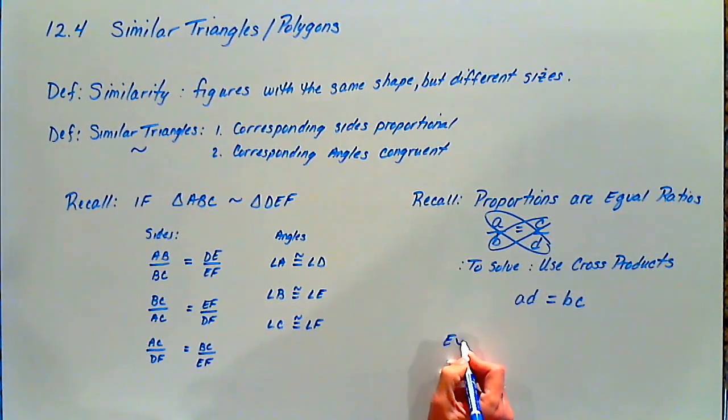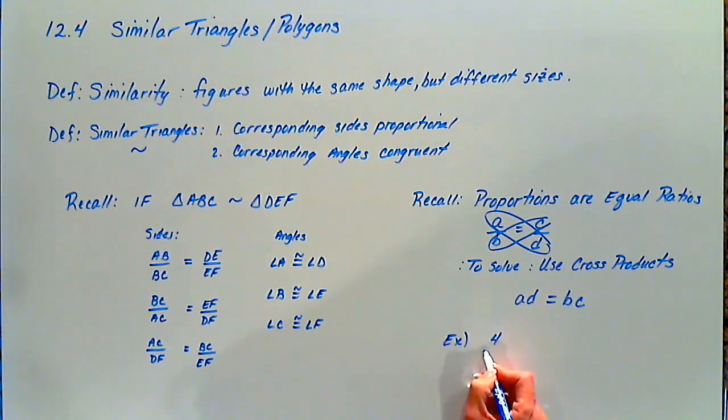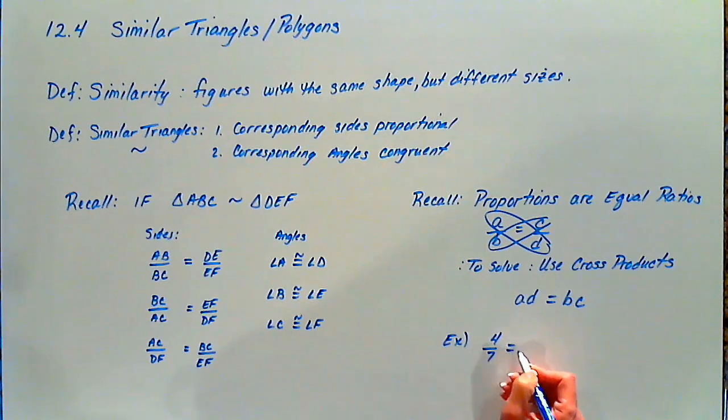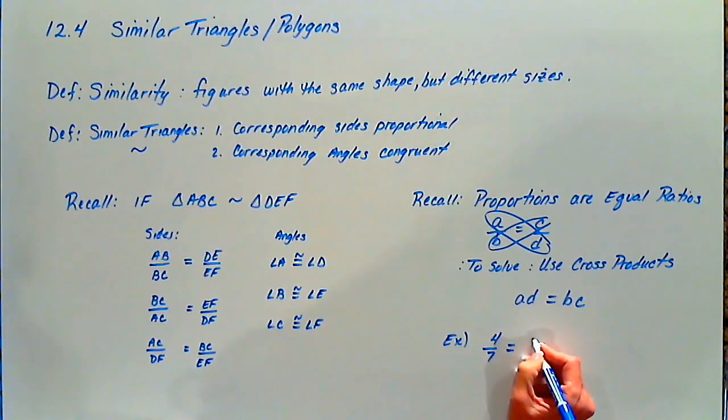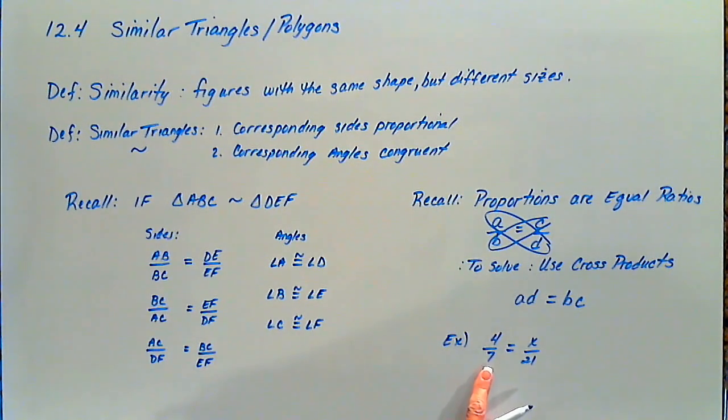So for example, if I give you 4 is to 7 as x is to 21, now you might just see that if I multiplied 7 times 3, I get 21. Therefore, 4 times 3 would give me 12. But if you don't happen to see that, we can always do cross products.